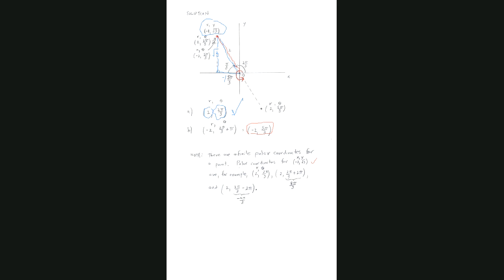But just remember, the polar coordinates (2, 8 pi over 3) and (2, -4 pi over 3) are also polar coordinates that get you to the same point. You're just rotating 360 degrees. With 2 pi, you're doing a revolution in the counterclockwise direction. With -2 pi, you're doing a revolution from 2 pi over 3 in the clockwise direction.